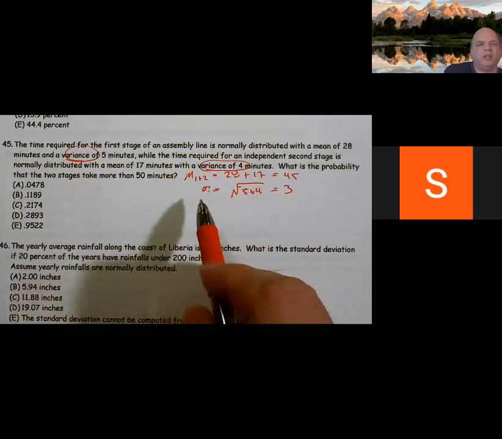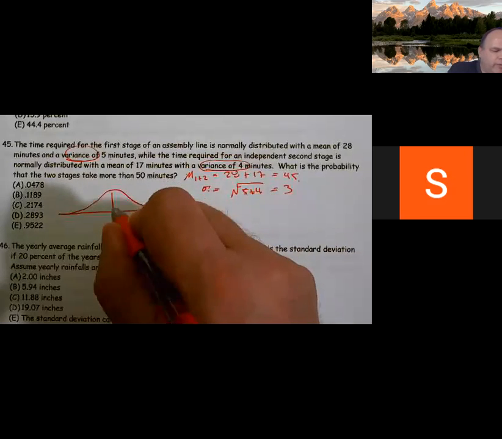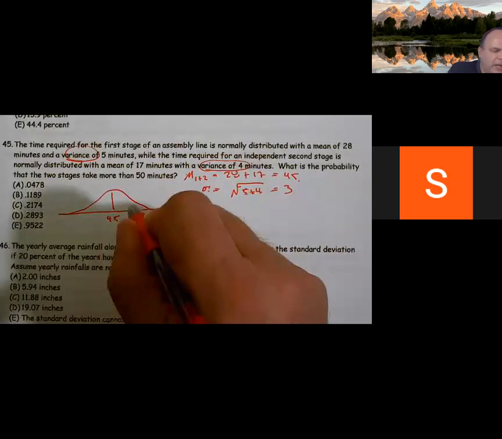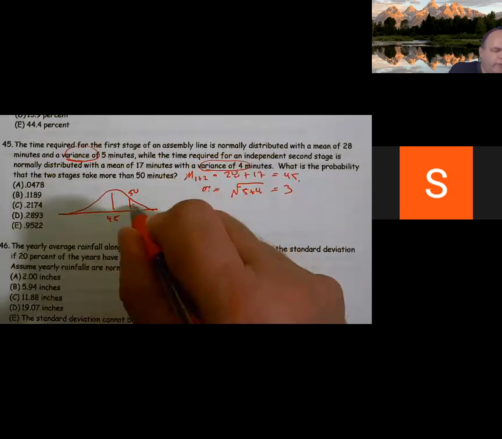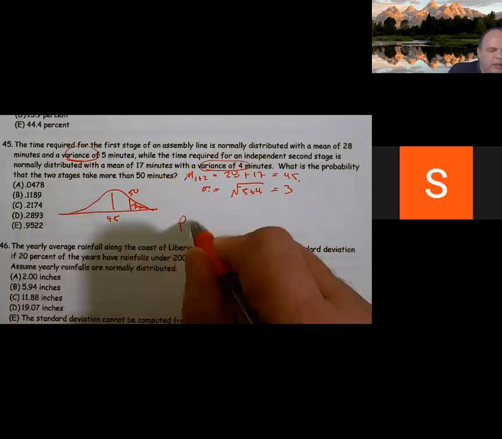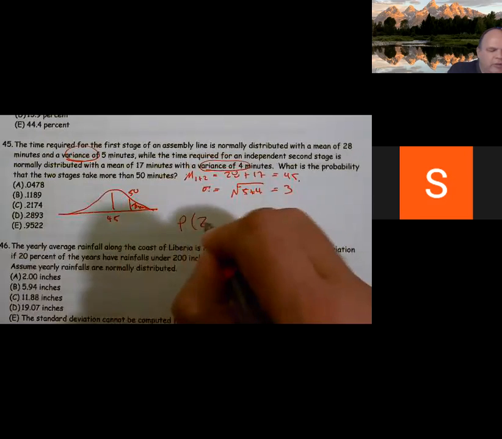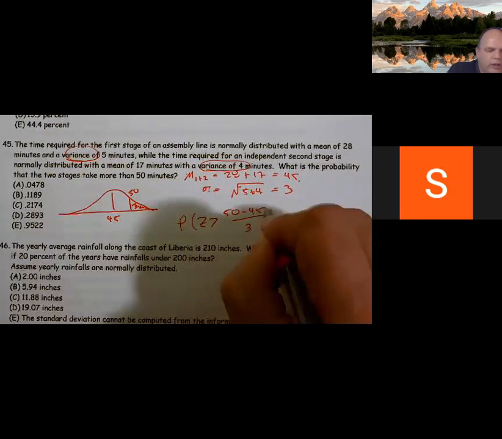Now we want the probability that the two stages take more than 50 minutes. Well, I expect it to take 45. That's the mean, or the combined amount of time. We want to know the likelihood that it's greater than 50. So the probability that Z is greater than (50 minus 45) over 3.